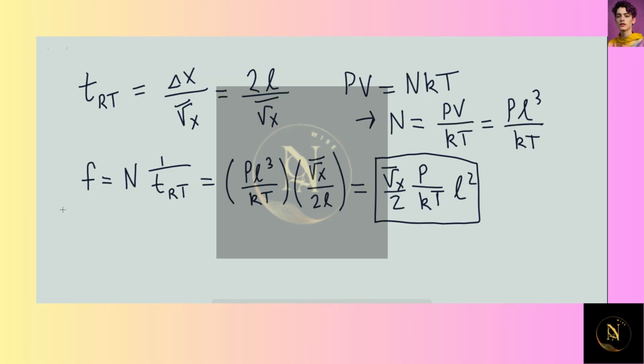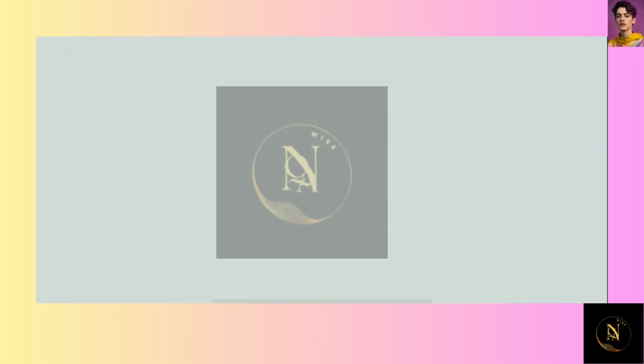Now, for part B, we want to get the frequency in a different form. We can start with the fact that the average velocity of a particle is going to be the square root of its square. That seems self-explanatory, not a big deal.